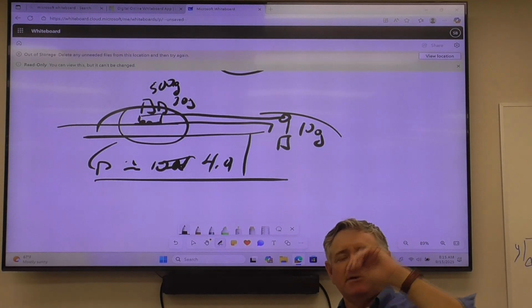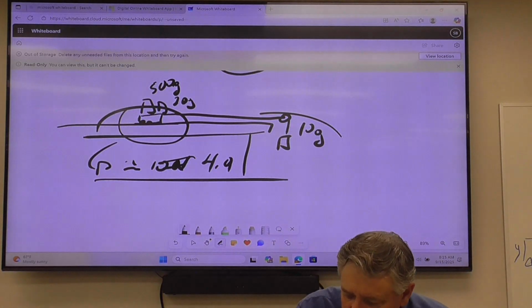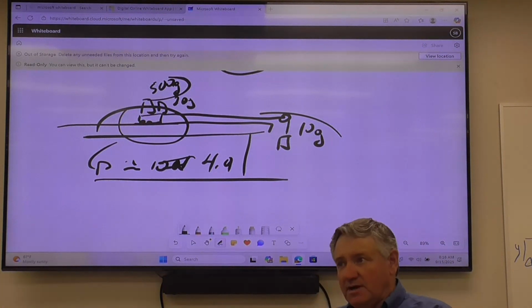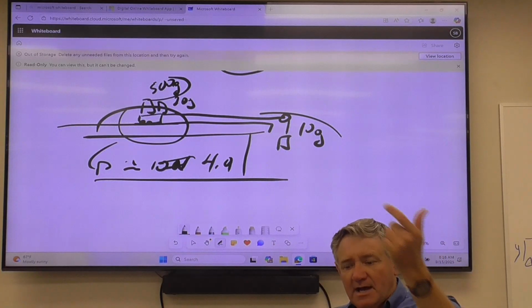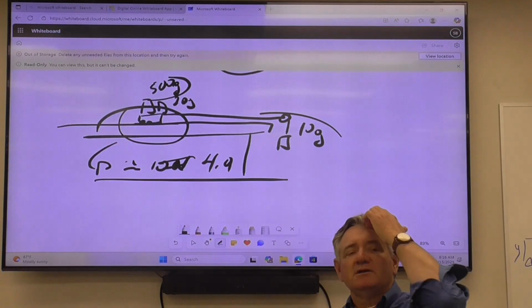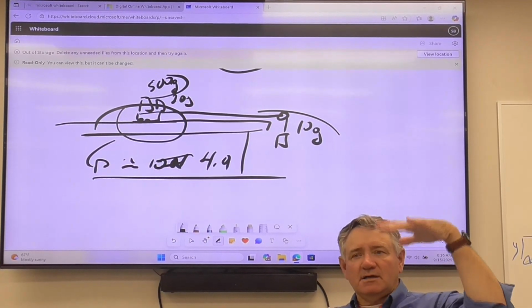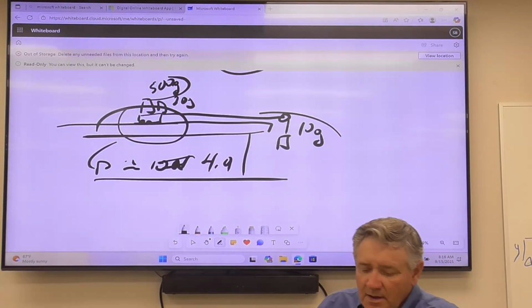Boom, 4.9 divided by that, you should get around 0.5 kilograms. So the cart is around 0.5 kilograms. You're going to have a 500 gram mass, and then you're going to have a 10 gram mass and a 20 gram mass. Divide that out, add all those numbers together. Keep a lot of significant digits.